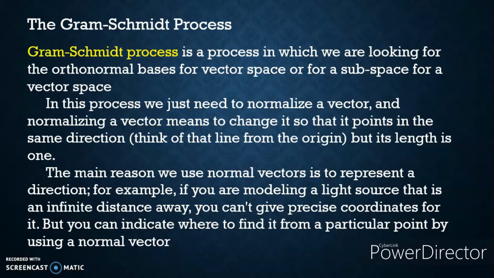For example, if you are modeling a light source that is an infinite distance away, let us say the light from a star that reaches the earth, you can't give precise coordinates for it, but you can indicate where to find it from a particular point by using a normal vector.